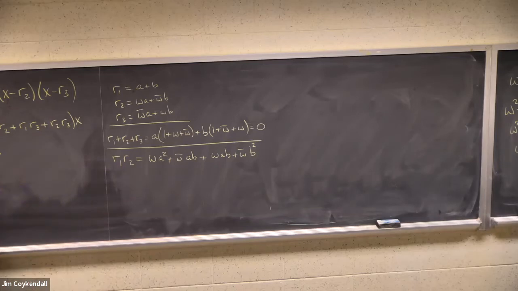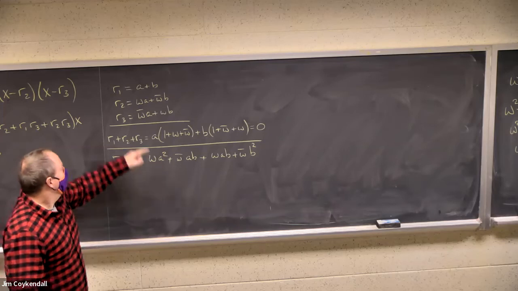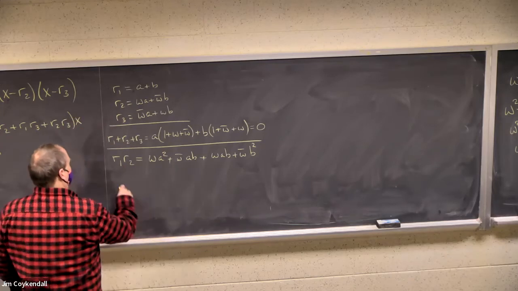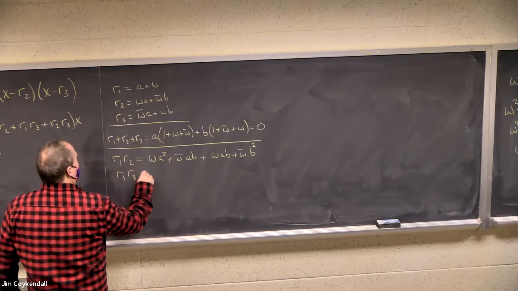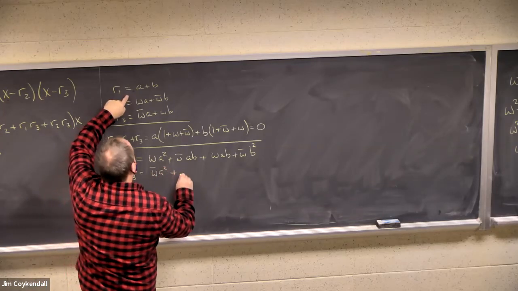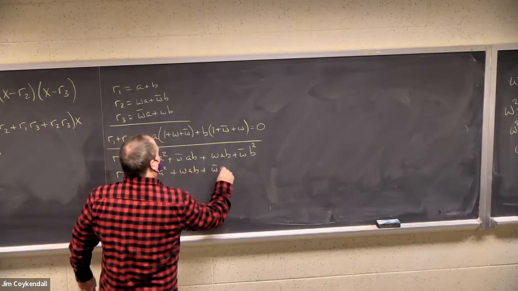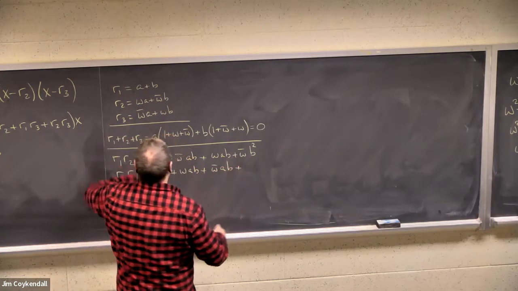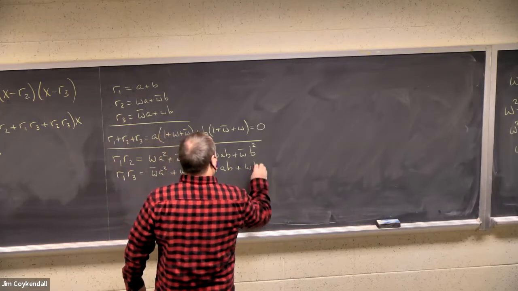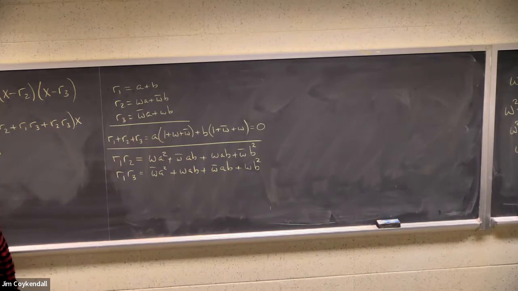But everybody okay so far? The product of these two, R1 times R3, is similar. This is omega bar A squared plus omega AB plus omega bar AB plus omega B squared. Okay, so far?